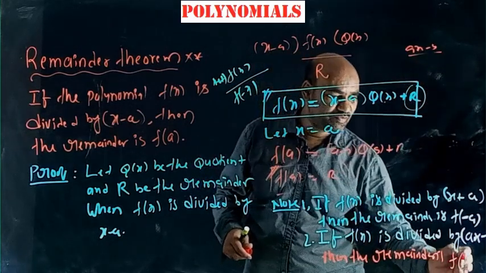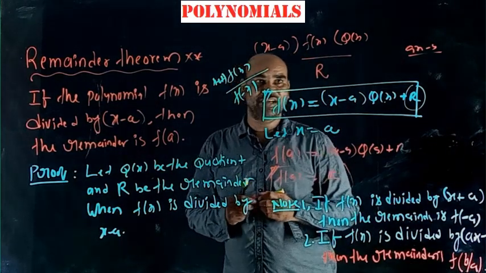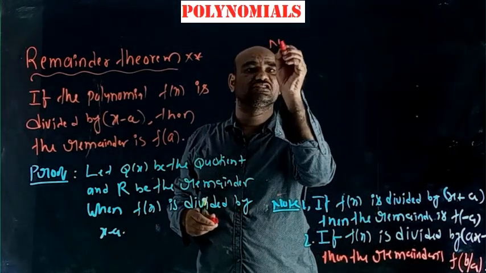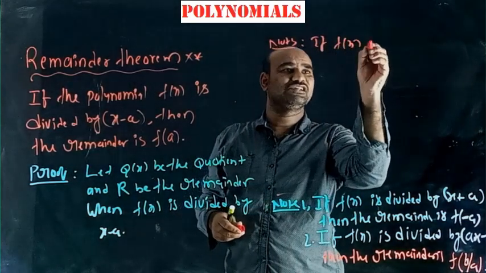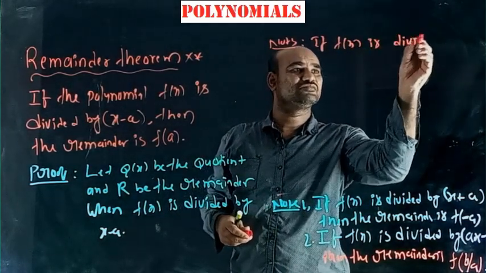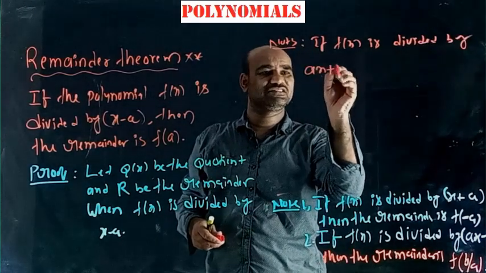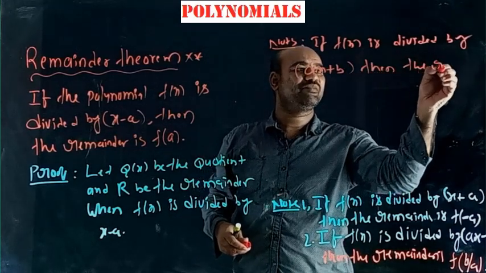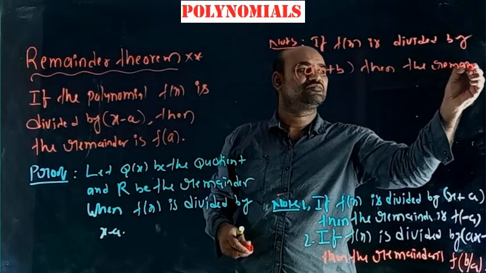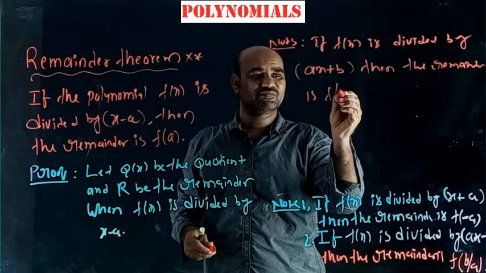So f of b by a is the remainder. Don't say b by a, f of b by a is the remainder. Note 3. If f of x is divided by ax plus b, then the remainder is f of the zero of this, minus b by a.